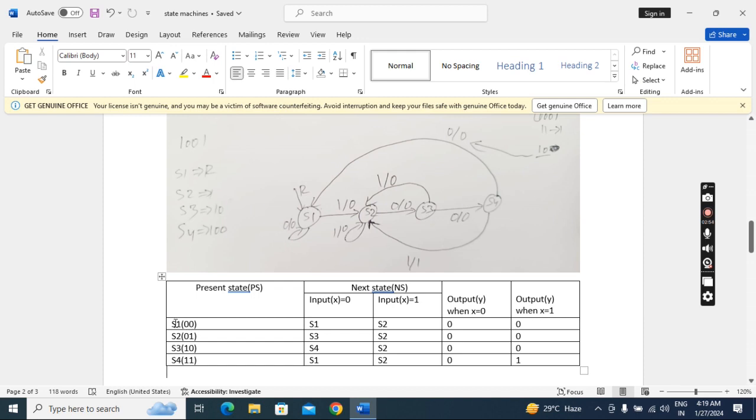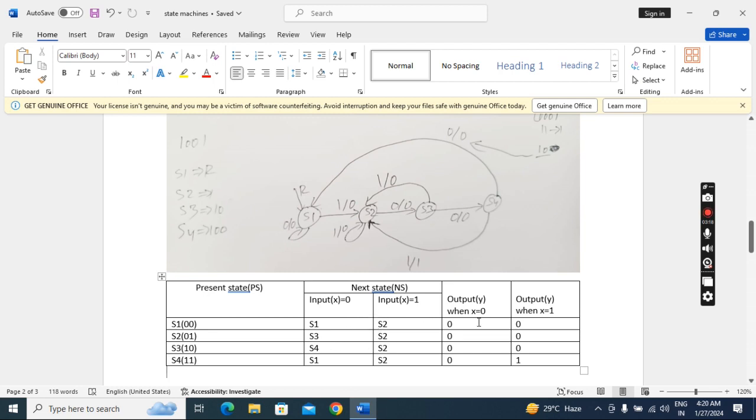So when I am in present state S1 and I get input 1, I go to S2. But when I am in S1 and I get input 0, I am at S1 only. So like that we can write all of these.